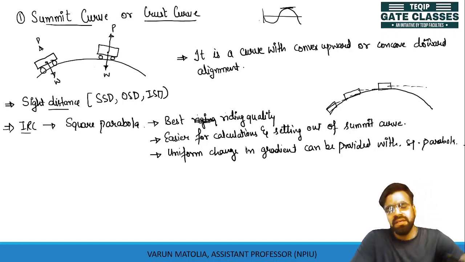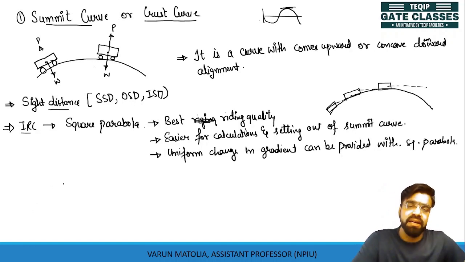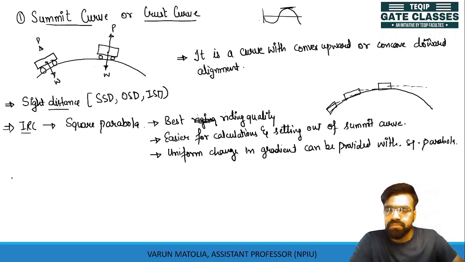Now let us see what are the various combinations of gradient which will give us a summit curve. Combinations of gradient can be, let us say, first a rising gradient meets with a falling gradient.